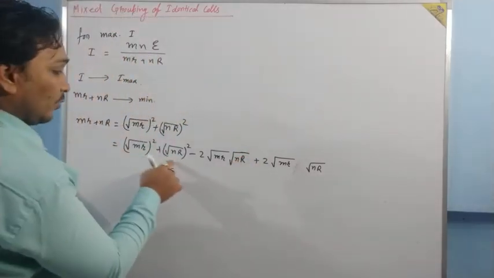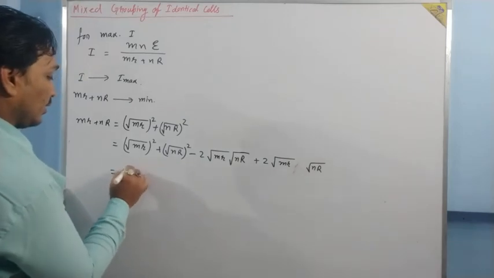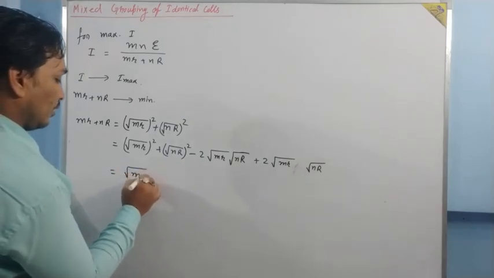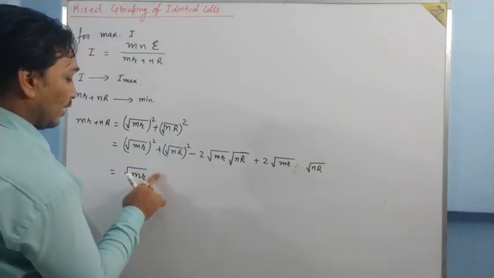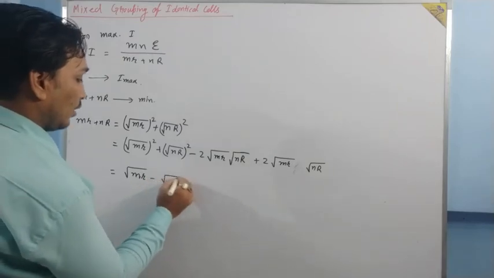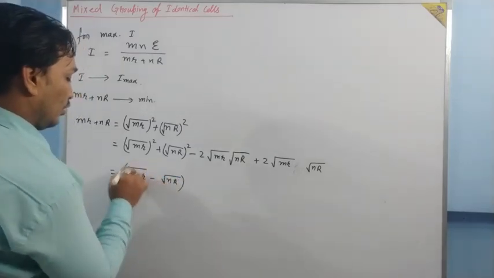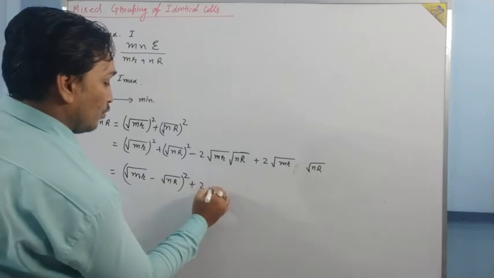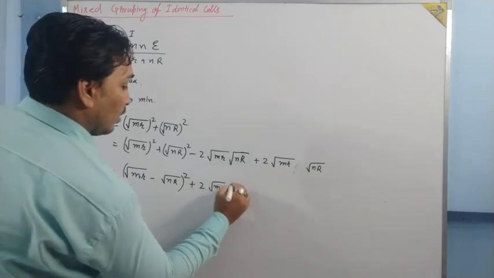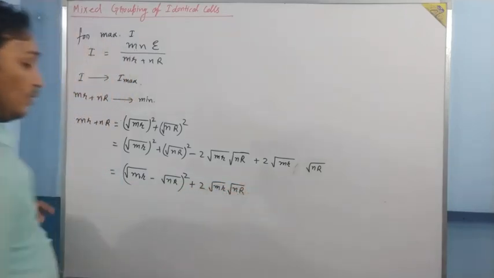Now this A square plus B square minus 2AB can be written as root mr minus root nR whole square plus 2 root mr root nR.